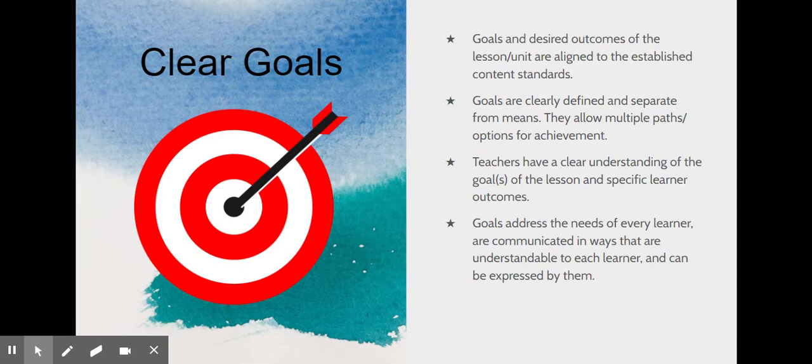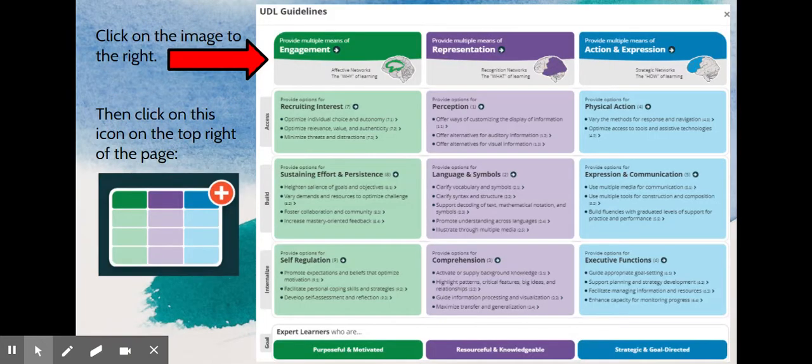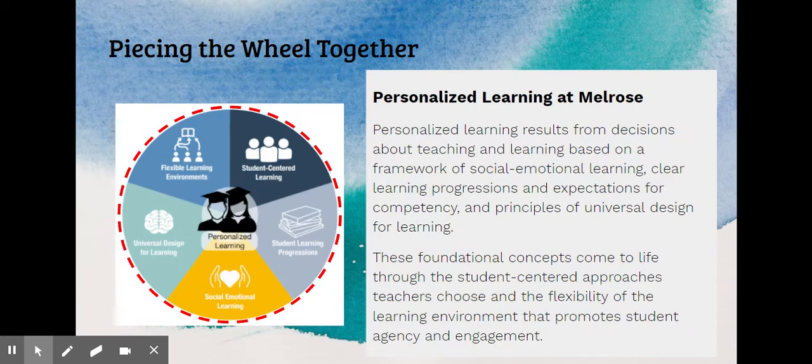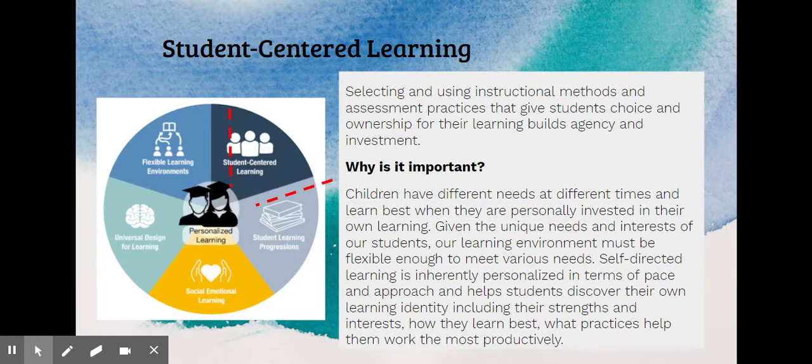It goes through all the pieces of UDL, looks at the matrix, and gives you some more resources. What I am going to screencast, though, is the wheel, because the personalized learning wheel is something that people are becoming much more familiar with, but there are big picture ideas that aren't necessarily as clear. So here's the wheel altogether.